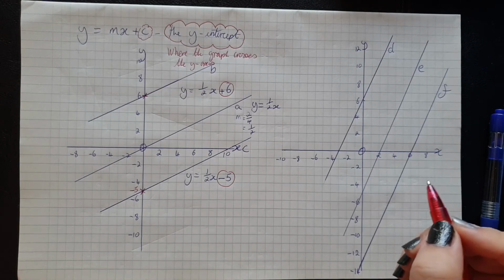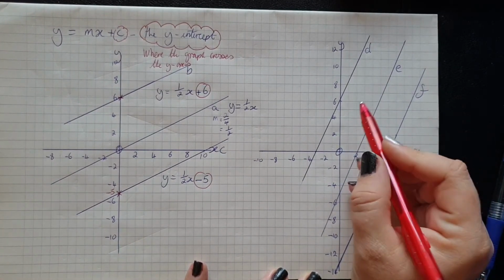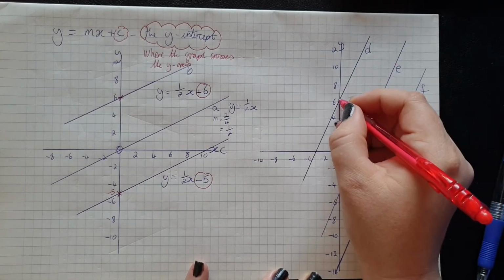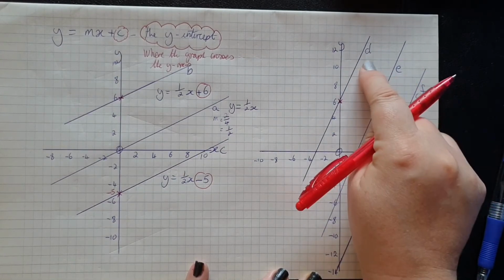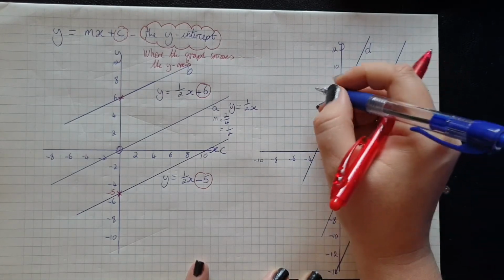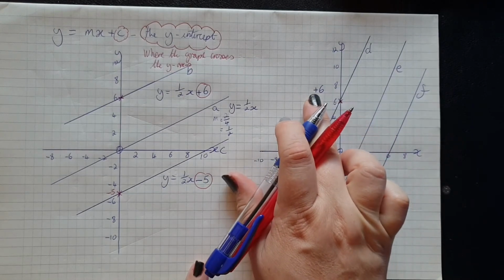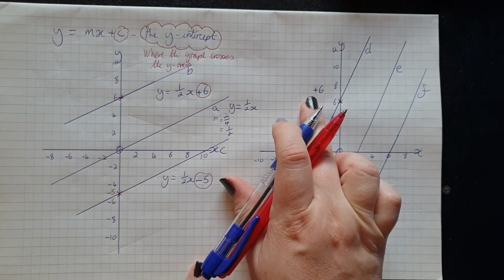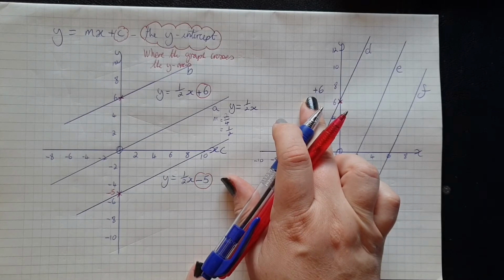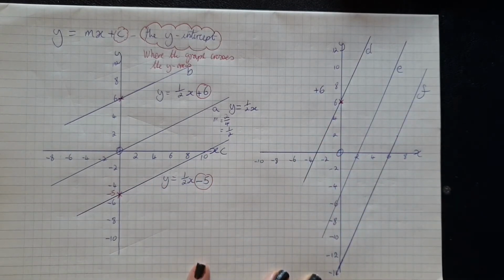Okay, so let's have a look and see what you've got. Here, the graph goes through 6. So for this graph, D, the y-intercept is +6. And remember, it must always have some sort of positive or negative, or maybe even neutral, obviously, if it goes through 0.